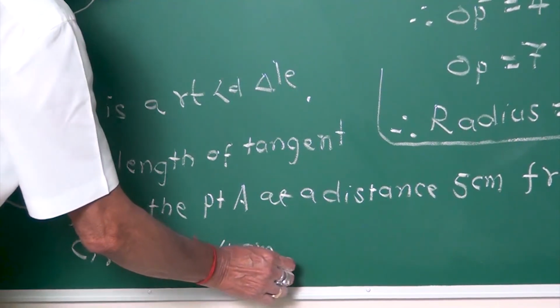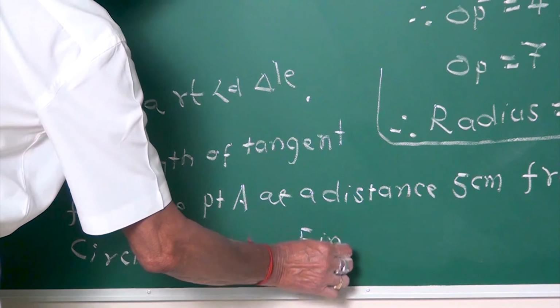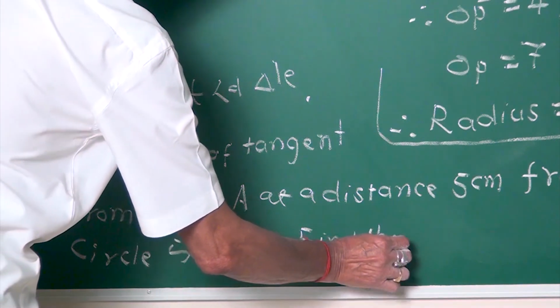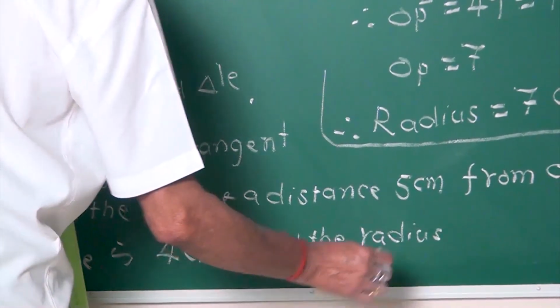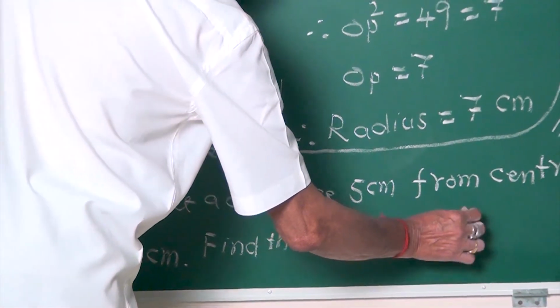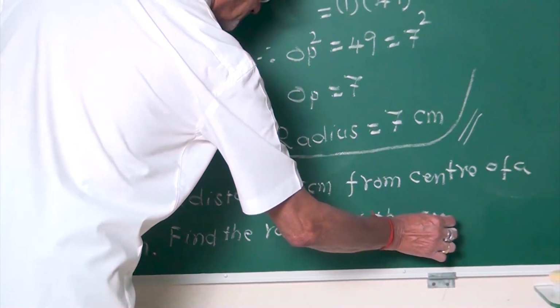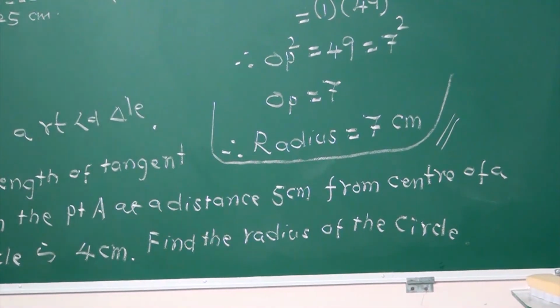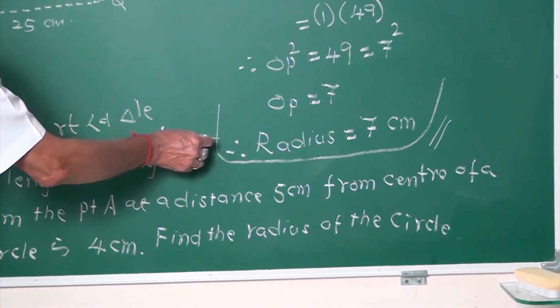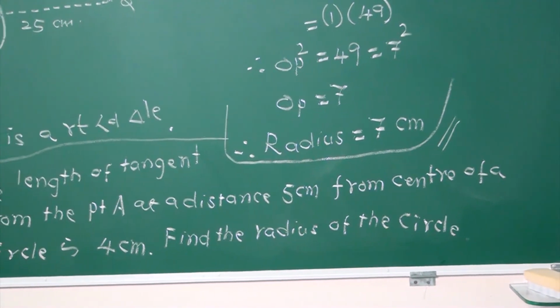Find the radius of the circle. Same question. Only these numbers are different. DIY.